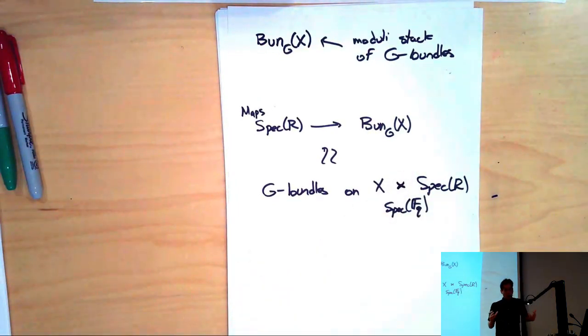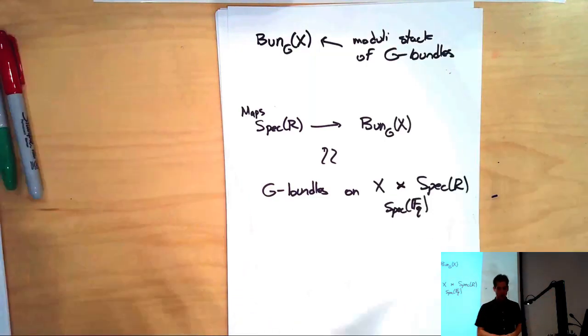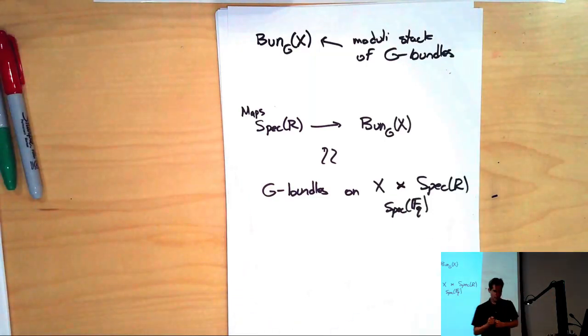So in other words, we can talk not just about a principal G bundle on X, but a family of principal G bundles on X parametrized by some other scheme or algebraic variety or something like that.